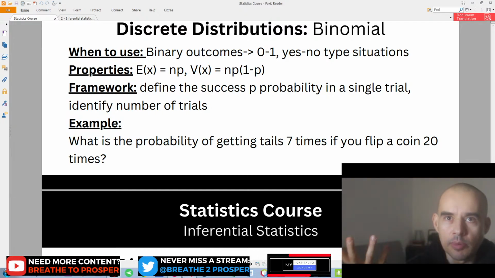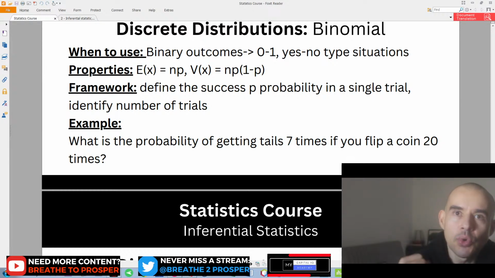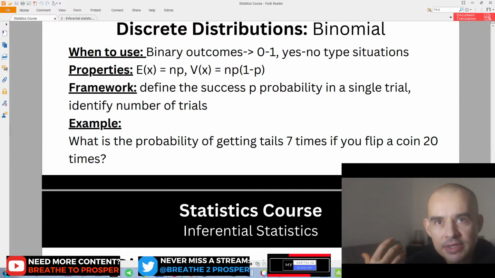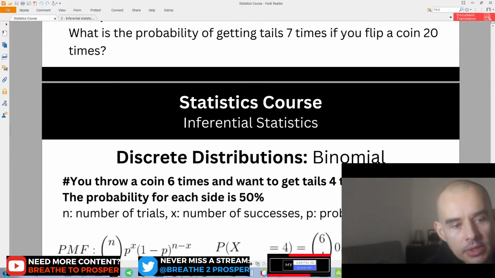So we need the probability distribution. Of getting tails if you flip a coin, a binary event, heads or tails. You flip it 7 times if you flip a coin 20 times. So our success is 7 times, this is what we want to achieve, if we flip a coin 20 times. So how does this work?